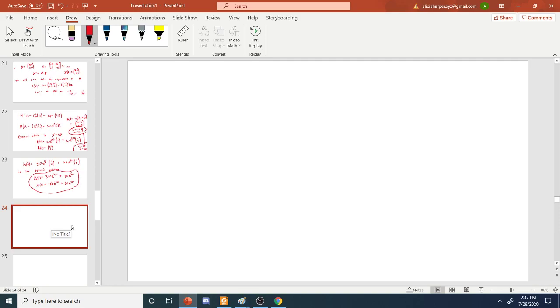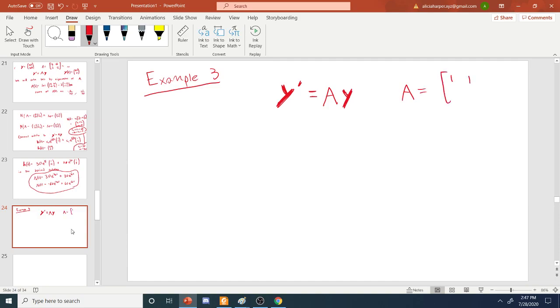Let us do one final one. So now, this will be example 3 for ODEs. What we're going to do is consider the equation y prime is equal to Ay, where A is the matrix 1, 1, negative 2, and 3.